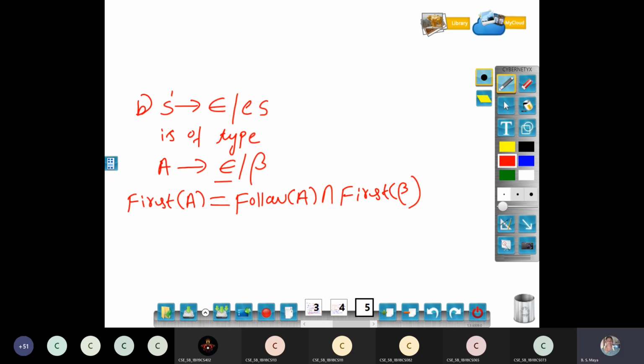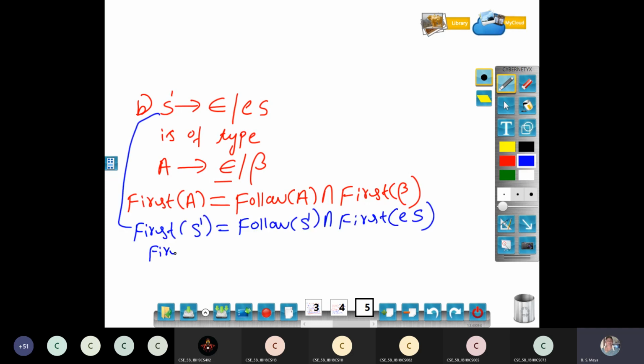Can you modify my given problem according to this? First of S dash, which is equal to follow of S dash intersection first of what? ES. Okay, now what is follow of S dash?